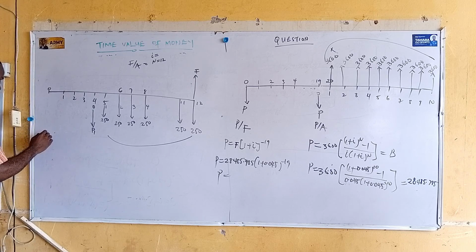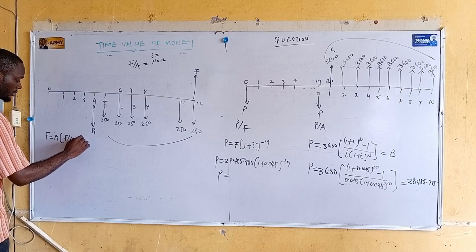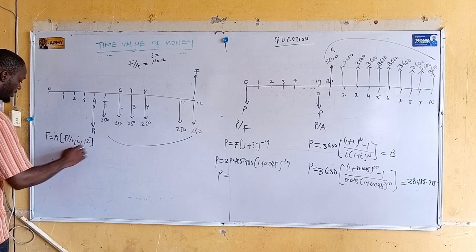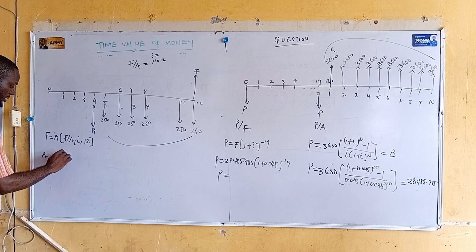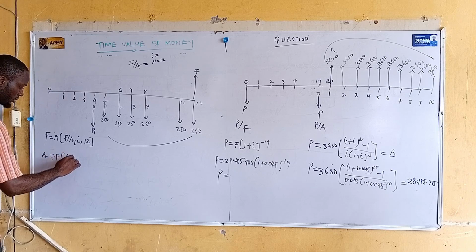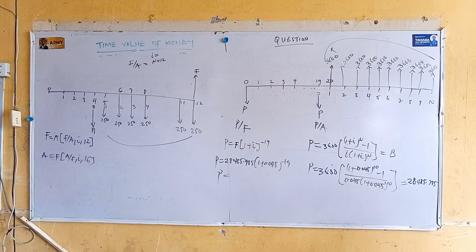You find F given A for 12 years, then you find A given F for 16 years. You find the relationship between F and A. You need to multiply your data.